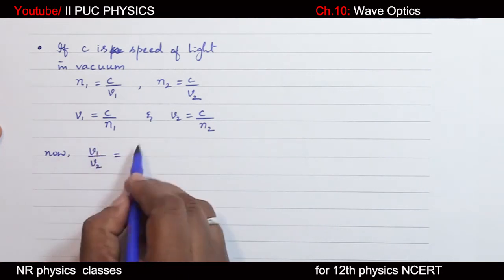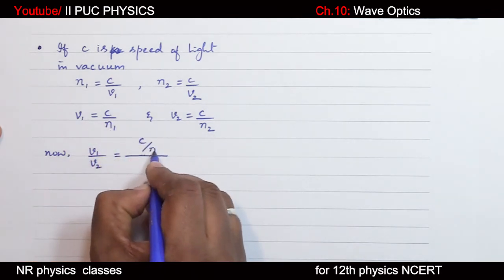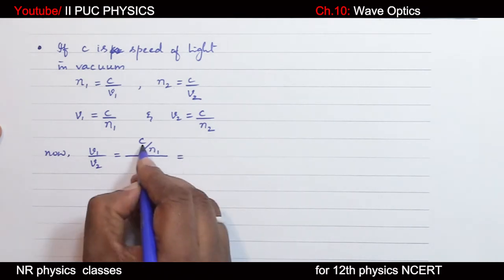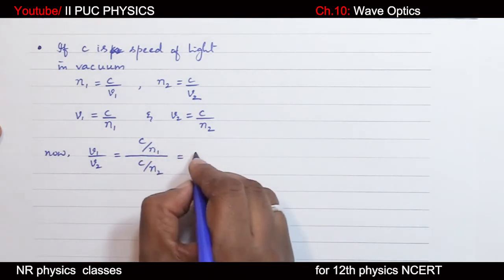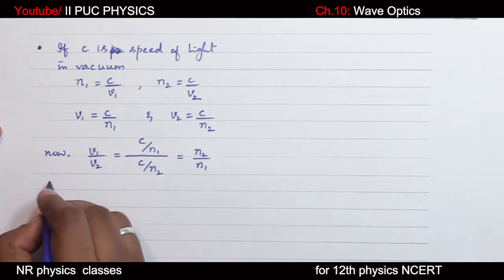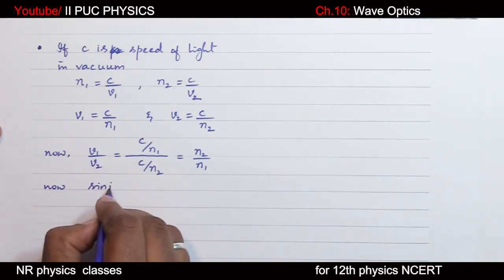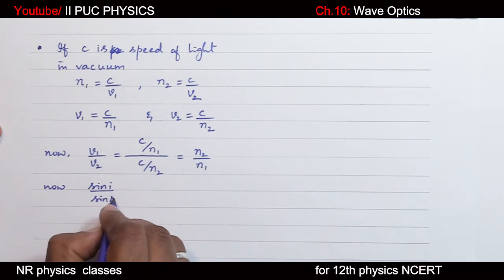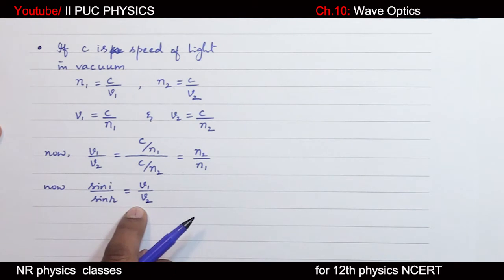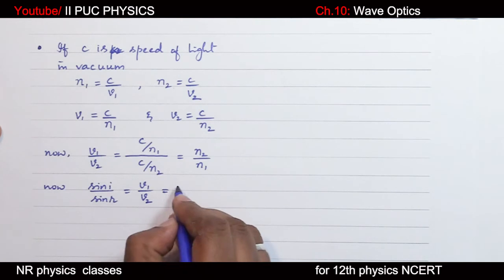Now V1 by V2 is C by N1 over C by N2. C gets cancelled. This N2 goes to the numerator. Now sin I by sin R, which is V1 by V2, we proved this, equals V1 by V2 is N2 by N1.